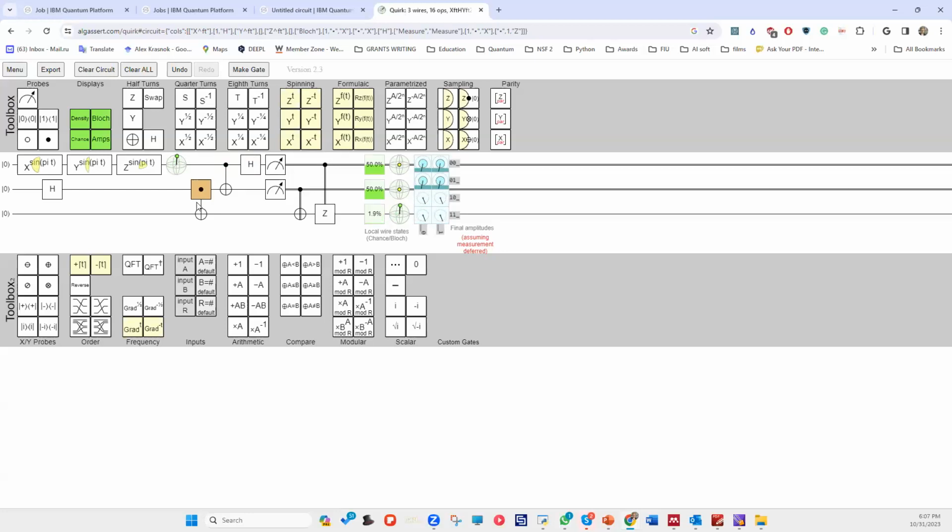All right. So this circuit is a little bit different from the circuit that we discussed in the lecture.